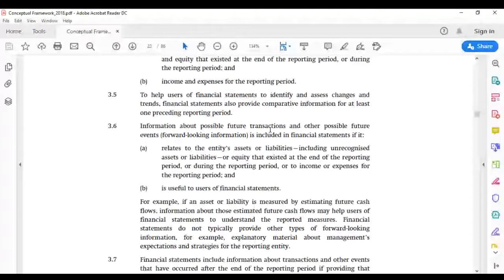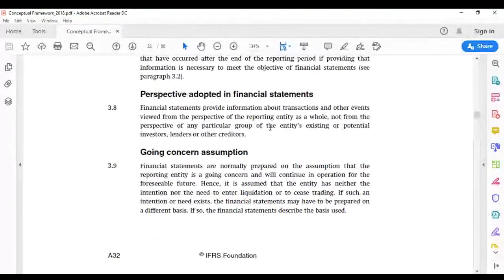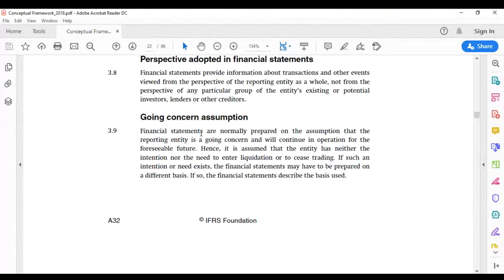Reporting period, we will discuss when we get to International Accounting Standard number 1. Okay, so let's just talk about the going concern assumption. They say the financial statements are normally prepared on the assumption that the reporting entity is a going concern and will continue in operation for the foreseeable future.